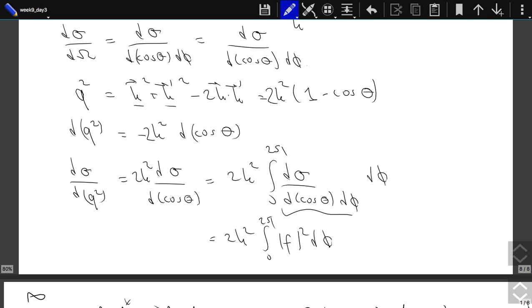In this example, at least, f doesn't depend on φ, so this is equal to 4πk squared f squared.